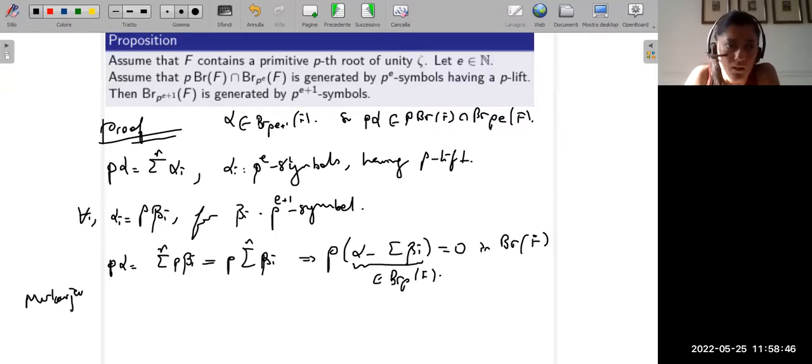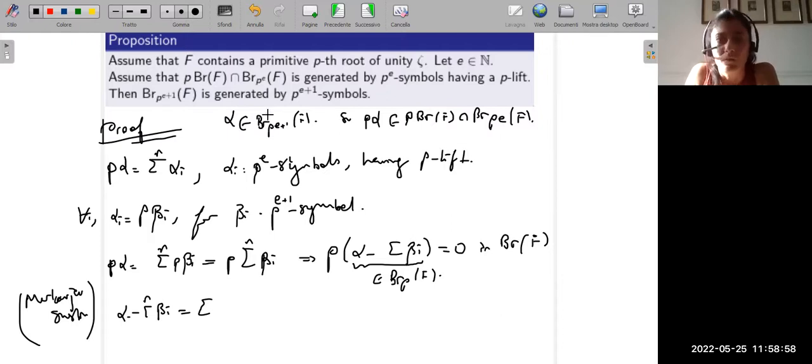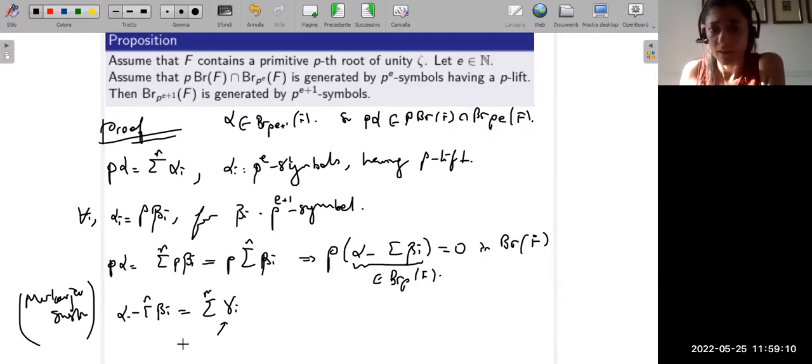Merkurjev-Suslin tells you that you can write this class as a sum of classes of cyclic algebras of degree p, right? That is, these are p symbols.